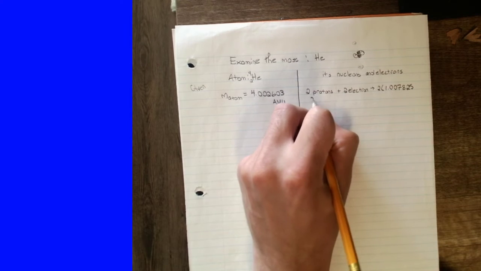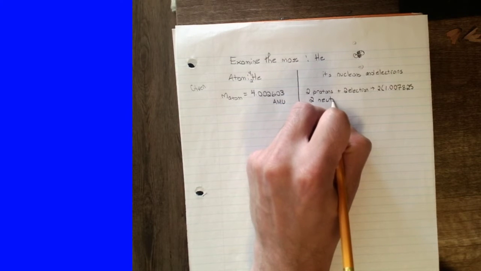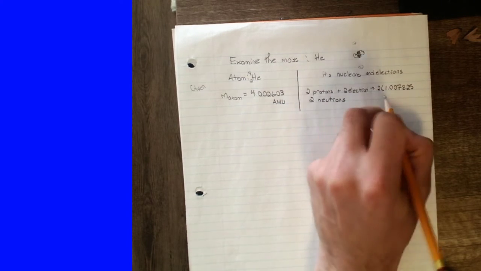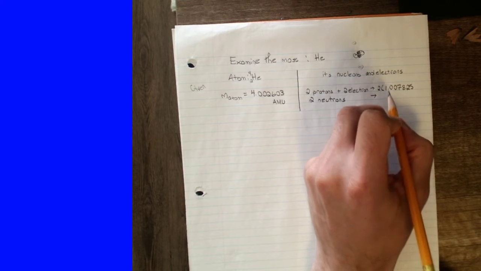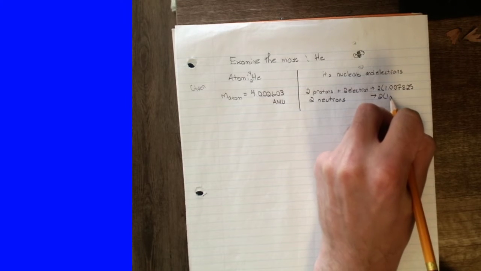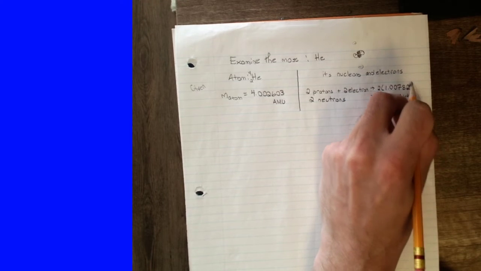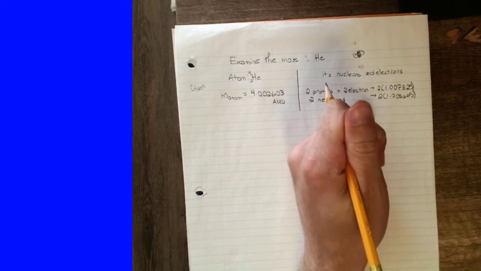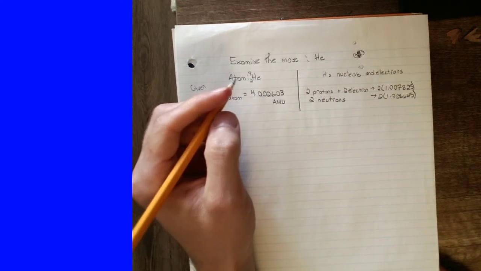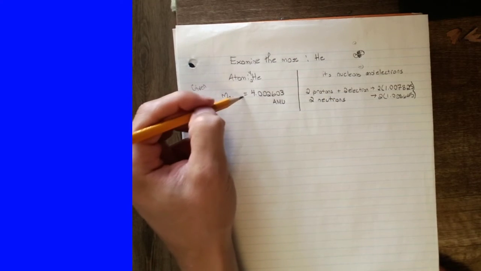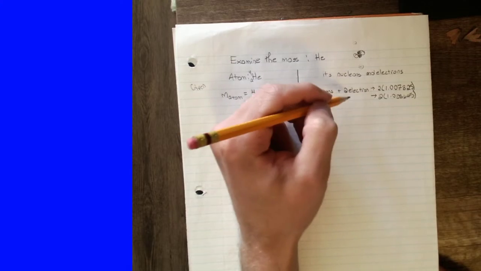All right, and then you have 2 neutrons as well. And you have 2 times 1.008665. Okay, so this is the atom. This is all of the things that make up the atom.